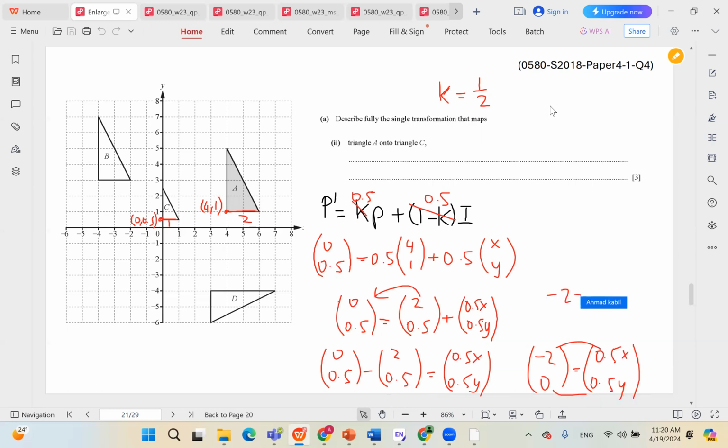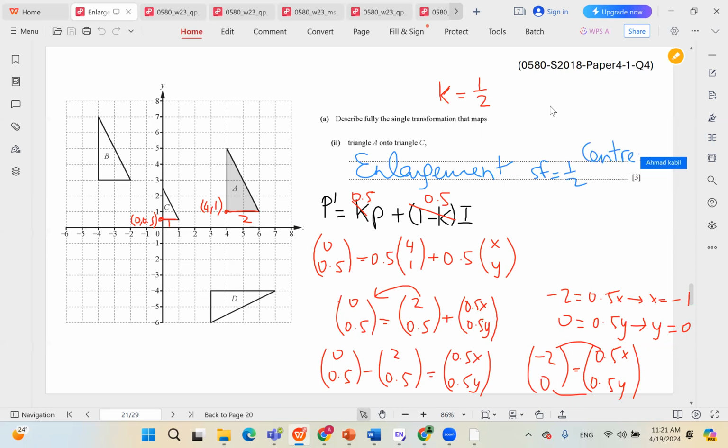So -2 equals half x. So x equals -1, and 0 equals half y. So y equals 0. Now we are ready to write the final answer. So this is again an enlargement. And the scale factor here is equal to half. And the center is -1, 0.